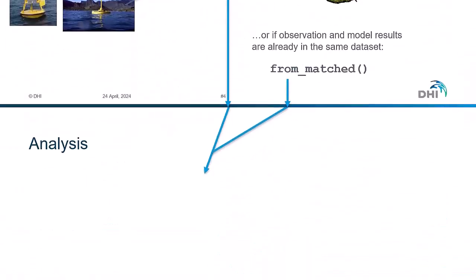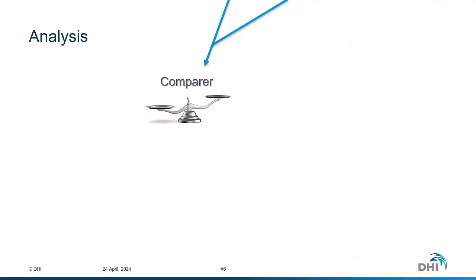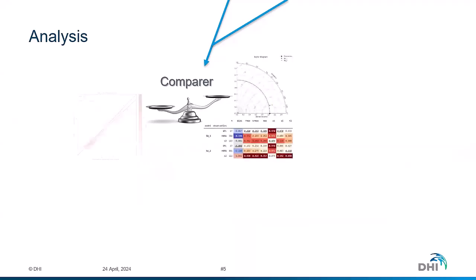So let's have a look at the analysis phase. After having matched your data, so they have been organized, you have an object called a comparer, which can be used to do various plots and aggregated statistics and so on.